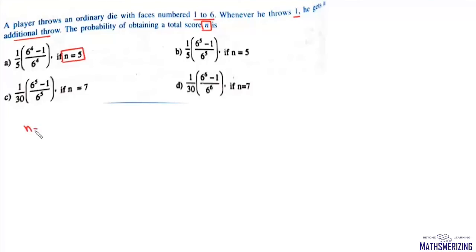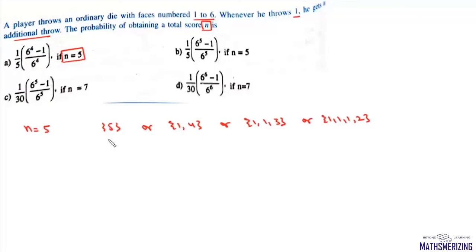Now if n is 5, this player can score 5 if he either throws 5, or he throws 1 followed by 4, or 1 1 3, or 1 1 1 2. These are the only possibilities. It cannot be 1 1 1 1 because after 1 he'll get another chance.